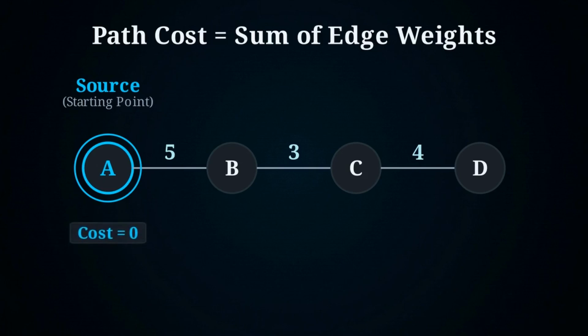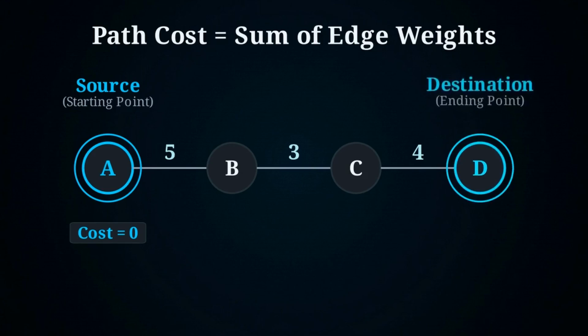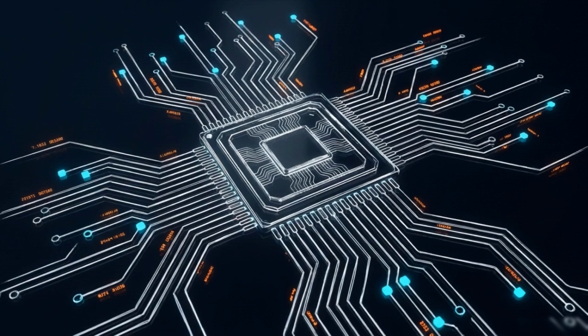By locking in node A as our origin, the algorithm has a 0 point from which all distances are measured. The target endpoint of the journey, in this case node D, is defined as the destination vertex. Without this strict anatomy of nodes, edges, and quantifiable weights, a computer has no objective way to evaluate whether one route is superior to another.